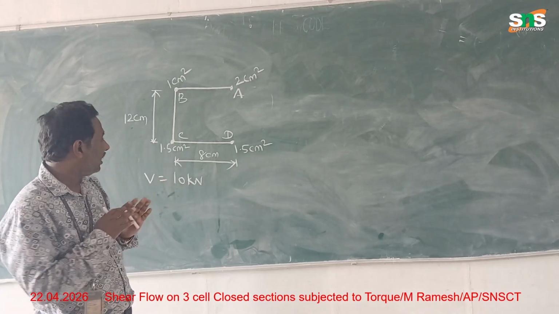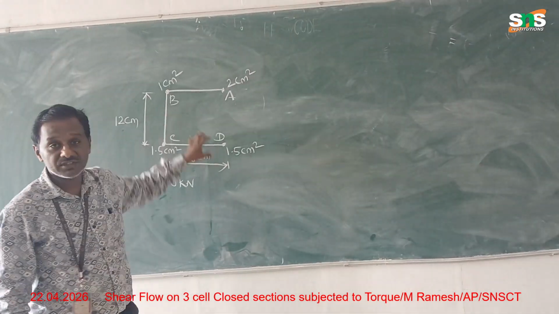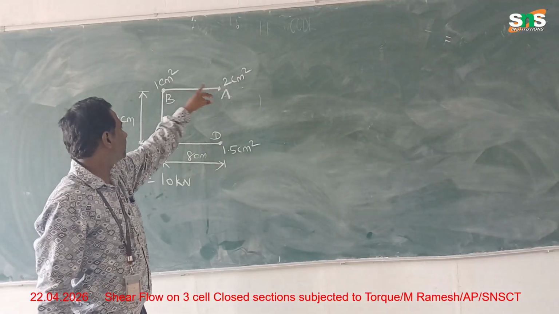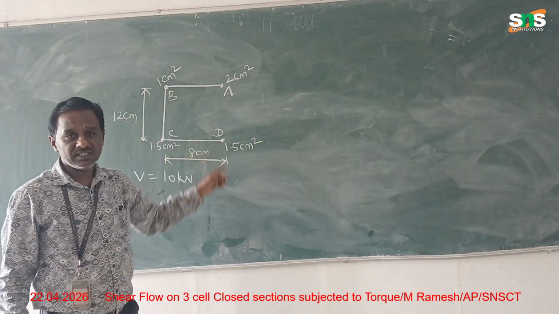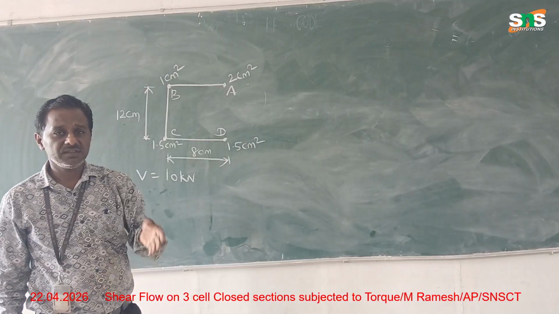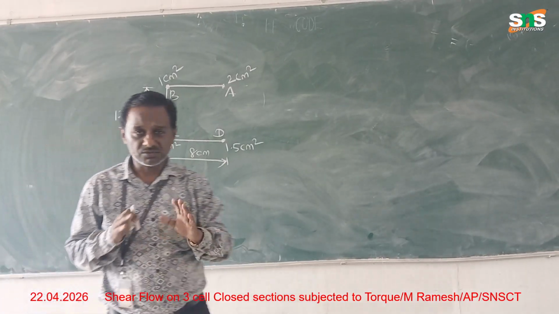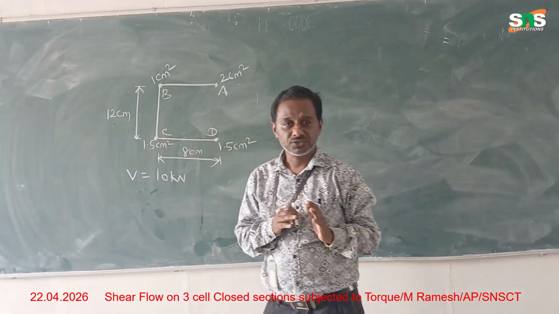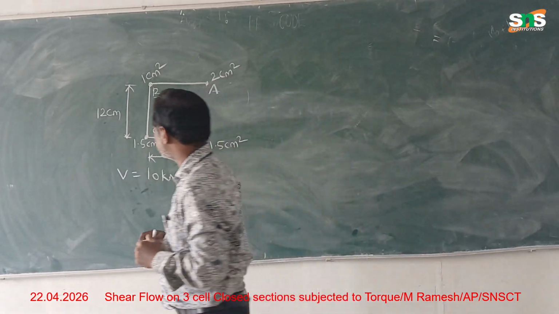We are asked to find the shear flow in each segment, A to B, B to C, C to D. Then the shear center, how to find. Here we are not going to solve the whole problem, but how to approach the problem.